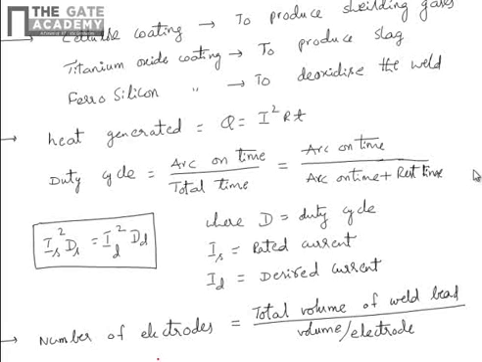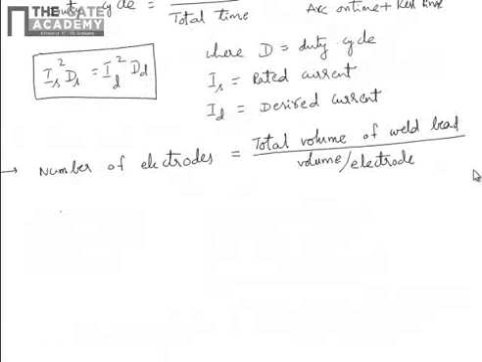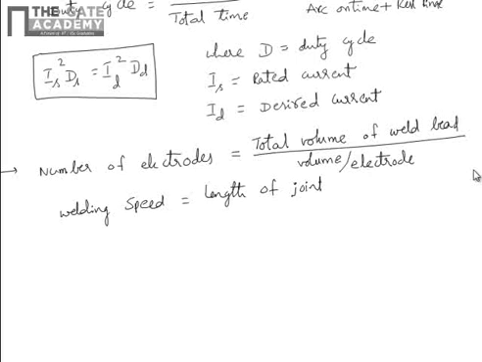Mathematically, welding speed equals length of the weld bead divided by weld time. That is length of joint or weld bead divided by welding time, nothing but distance by time. Velocity equals distance by time, and distance here is the length of the joint.